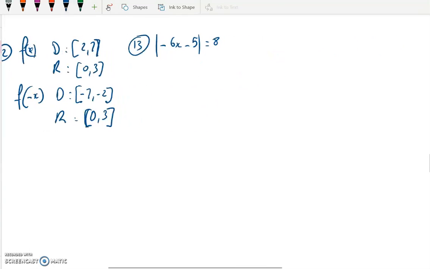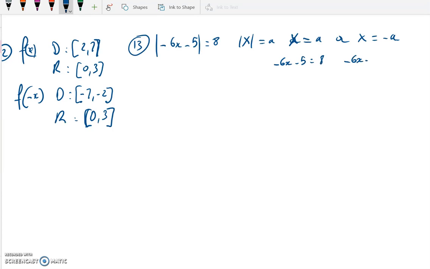And so that makes you think about this: absolute value equal a, and you know that it's supposed to be the algebraic expression equal a or the algebraic expression equal negative a. In that case, I'm going to have negative 6x minus 5 equal 8 or negative 6x minus 5 equal negative 8. I'm solving by adding 5 on both.